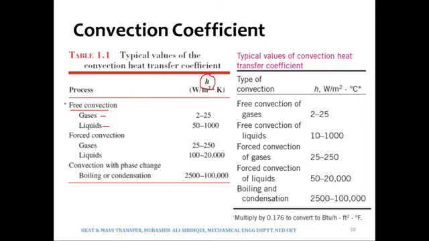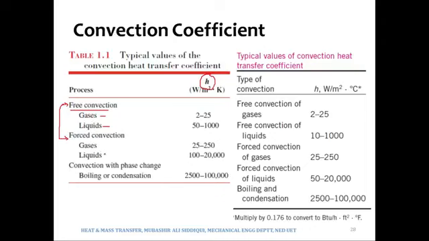And what are we learning between these two? Free convection and forced convection. See, in free convection, h of gases is between 2 and 25, whereas in forced convection, h of gases is between 25 and 250. So we are learning that in case of forced convection, the heat transfer would be more if we compare the gases.